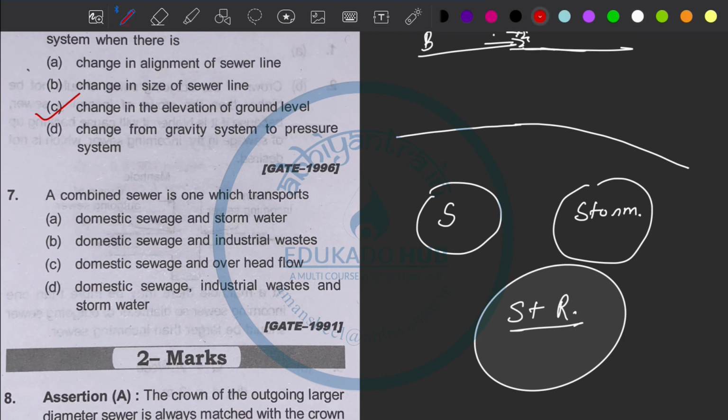The option that matches is one which transports domestic sewage as well as storm water. So everything is covered, and option D is correct.